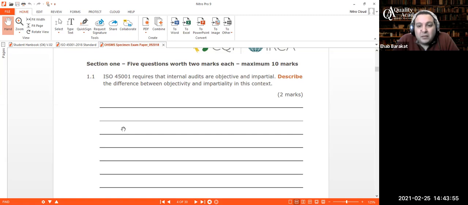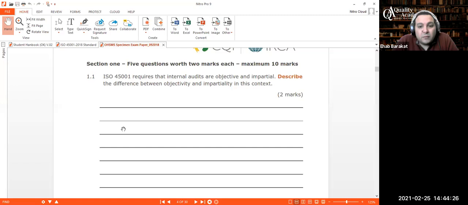Objective means that the auditor shall not raise any non-conformity according to his own opinion, but the non-conformity shall be raised according to objective evidence and according to audit criteria. Impartial means that the auditor shall be independent from the department being audited, or independent from the process being audited.